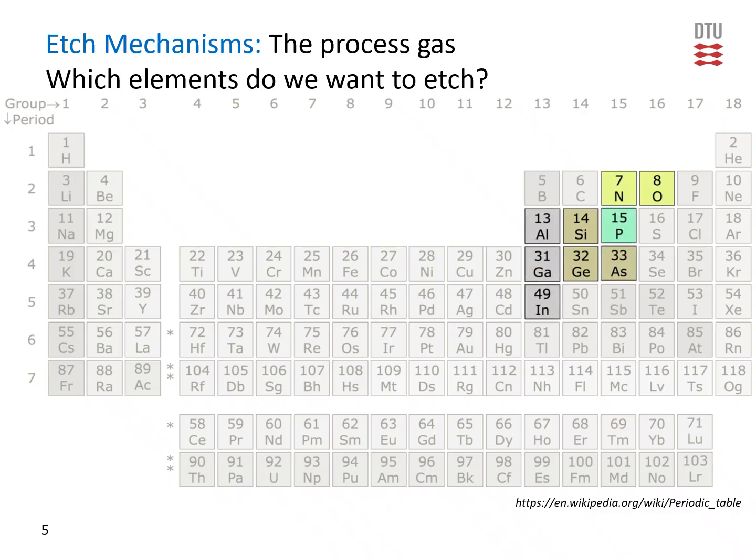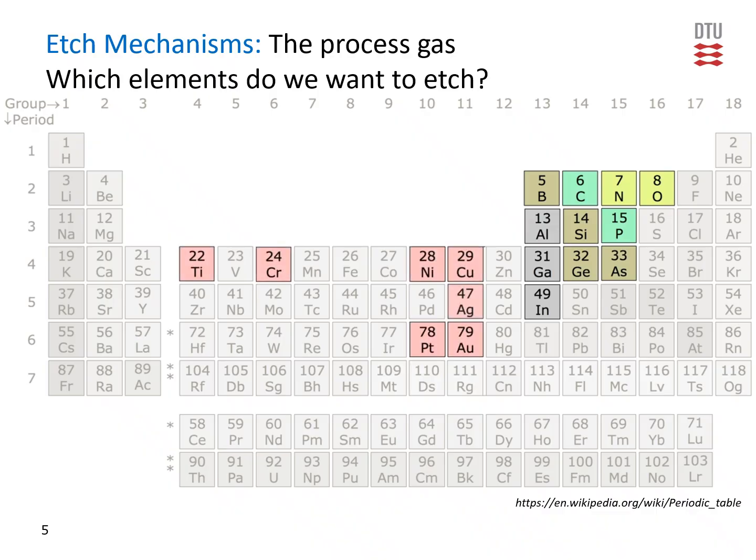Then we have the III-V materials that some of our users are etching, for example indium phosphide or gallium arsenide. Then recently some of our users have started etching boron nitride or graphene.